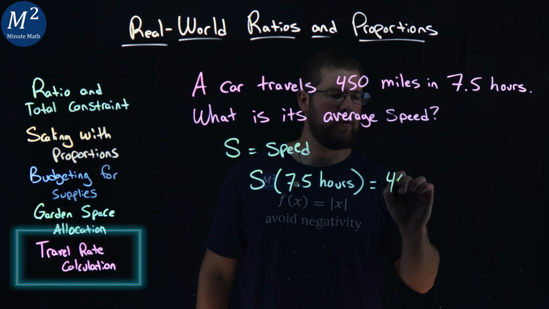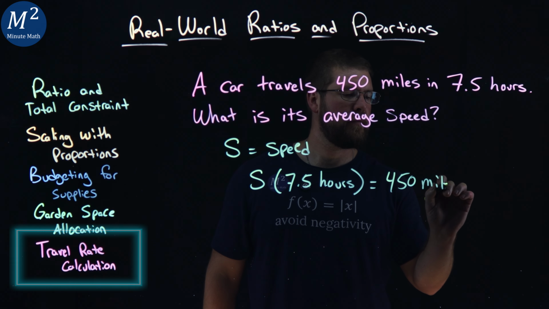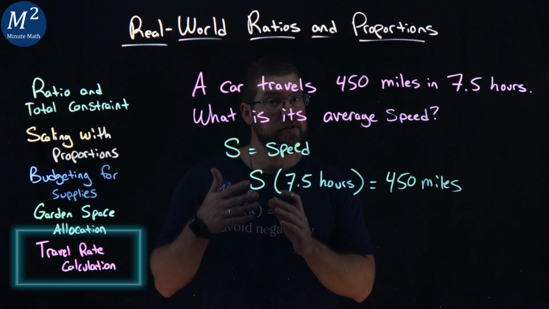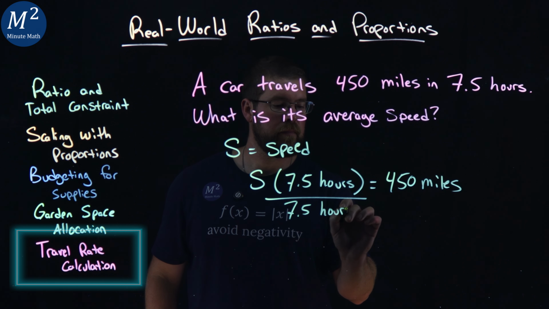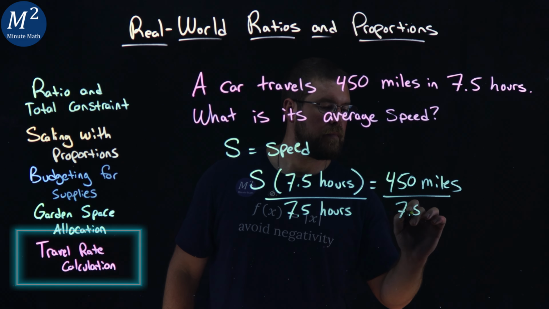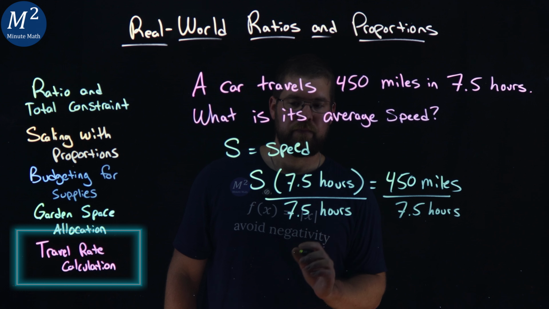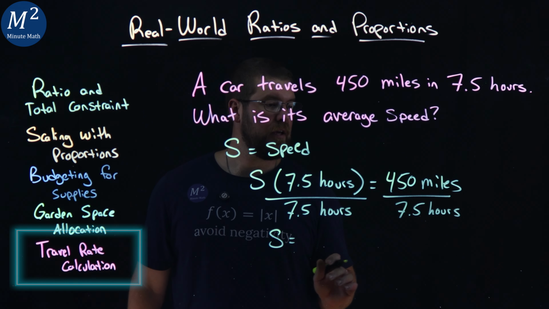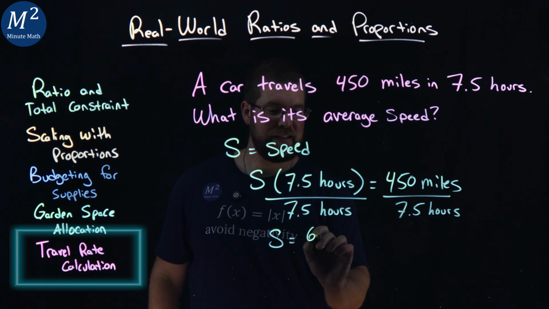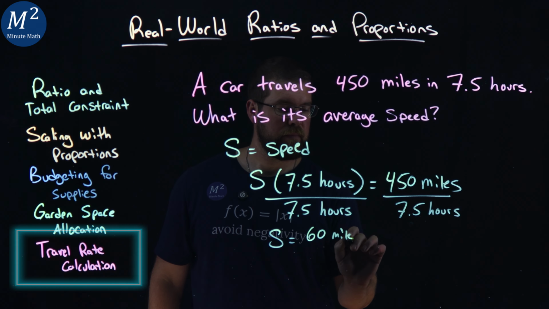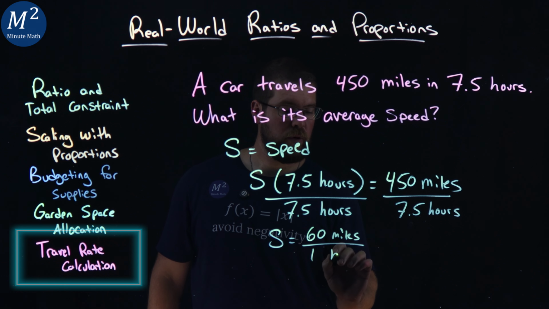That's how far we traveled. We want to solve for S, so I'm going to divide both sides by 7.5 hours. And so our speed S is equal to 450 divided by 7.5, which is 60.